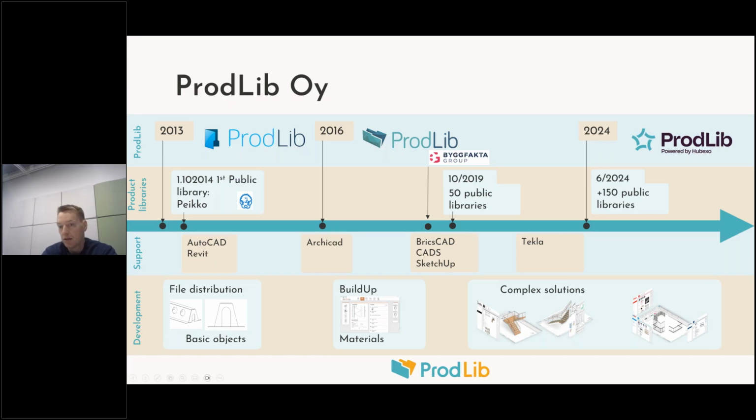Some of the solutions we do nowadays are pretty complex: stairs, railings, curtain walls, different kinds of small add-ons to make the actual design work of individual products hopefully much faster and easier. I think you are the judge for that one.